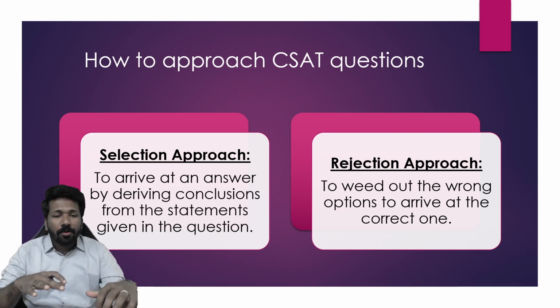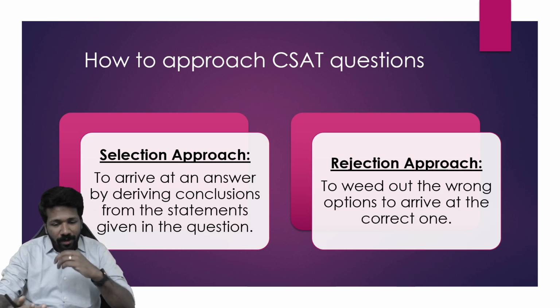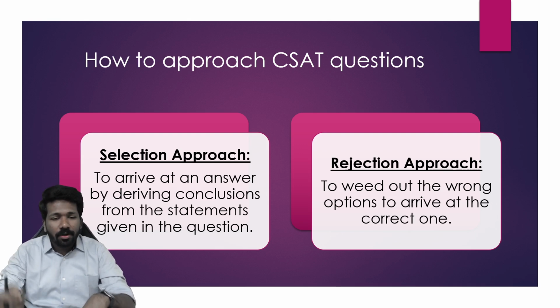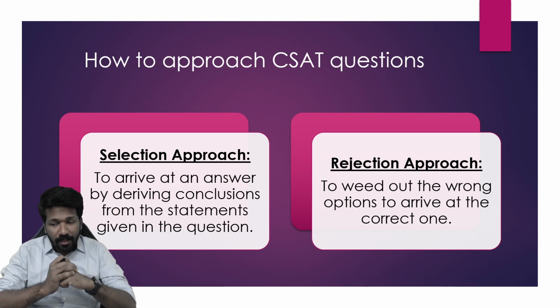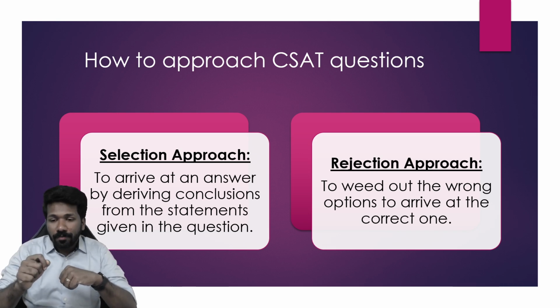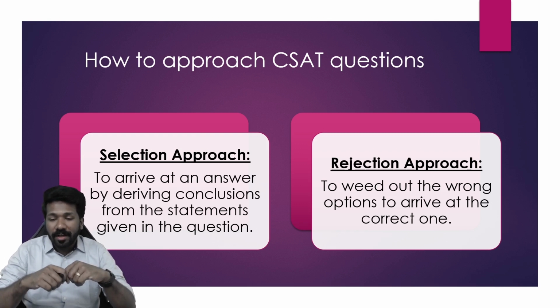In the selection approach, the options are not very important. You are solving the question fully and then only looking at the answer and choosing the correct answer. But in the rejection approach, we are using options better. Rejection approach is weeding out the wrong options to arrive at the correct option.